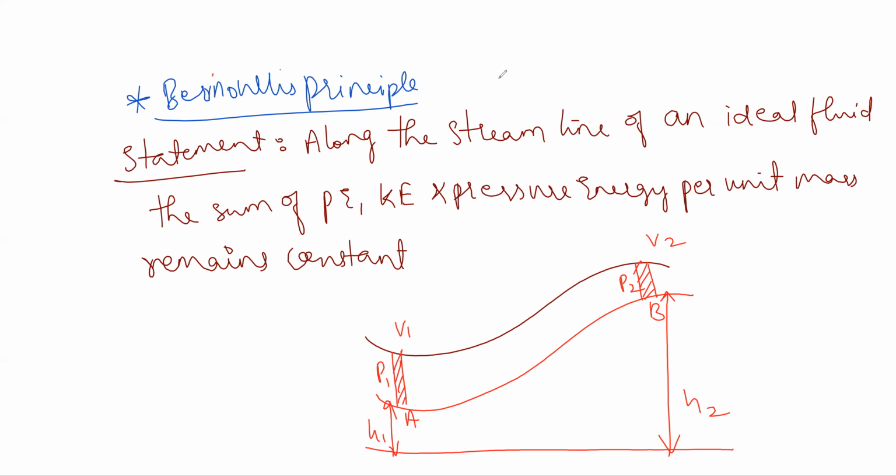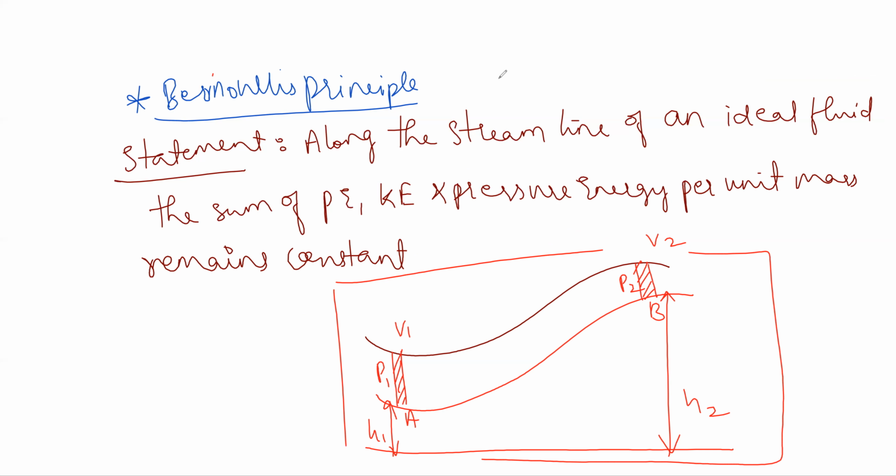First, consider the liquid to be flowing. Let us consider this diagram itself in order to explain Bernoulli's principle. So consider a liquid flowing inside a tube in a streamlined motion.